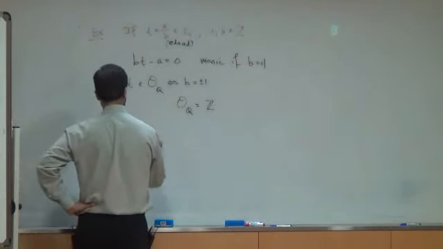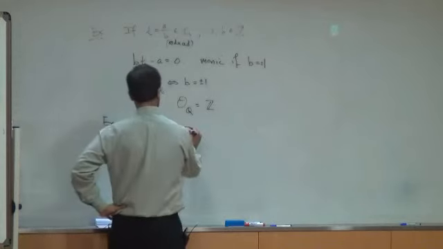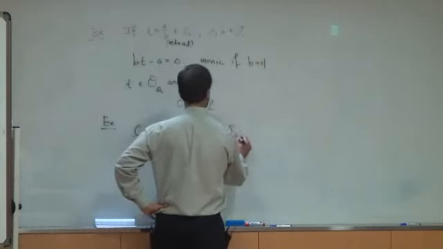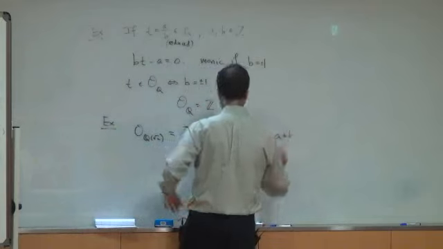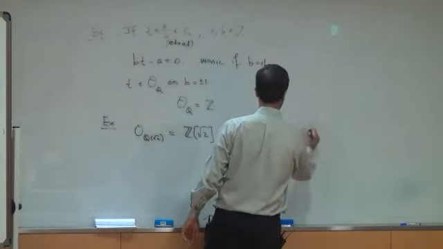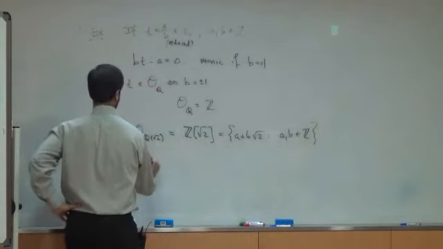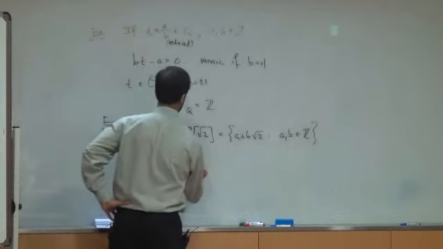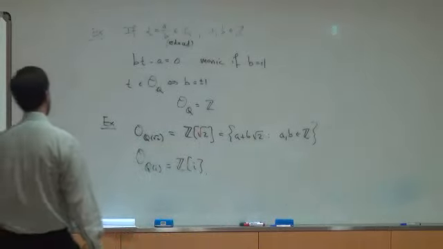So the ring of integers of Q adjoin root 2 is just Z bracket root 2, which is the set of Z linear combinations of 1 and root 2, a plus b root 2, where a and b are integers. And similarly for the other example I gave, the ring of integers of Q adjoin i is just Z bracket i, the Z linear combinations of 1 and i.